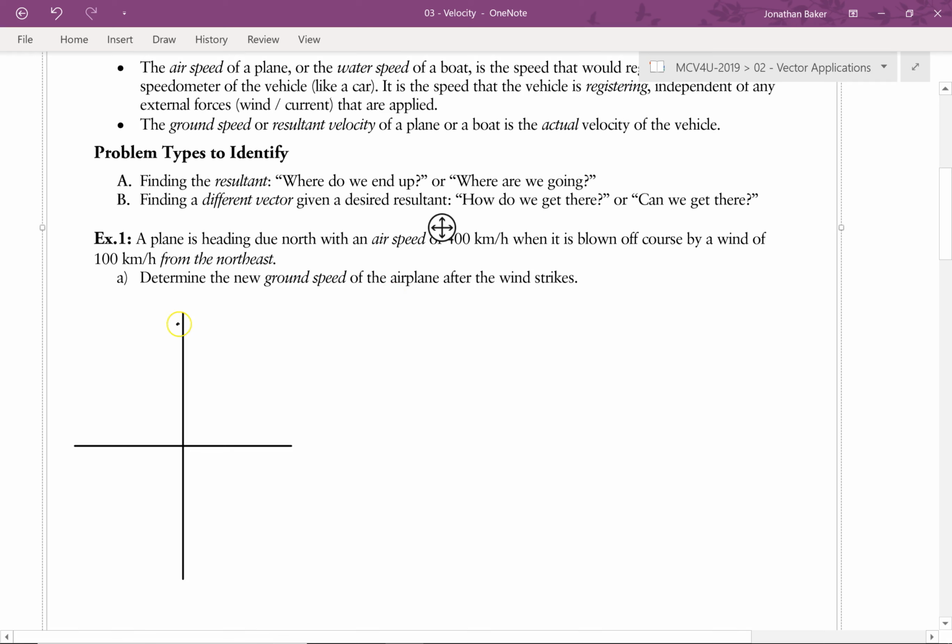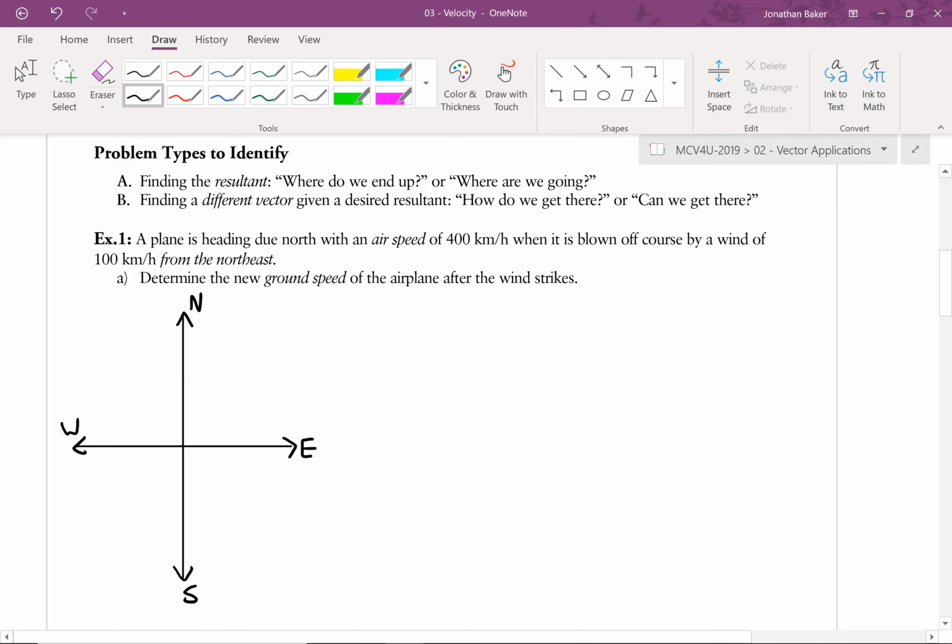So let's say we have north, south, east, west. This is our compass that is typically used when you're talking about plane directions. And we'll draw our heading, which is our airspeed, first.